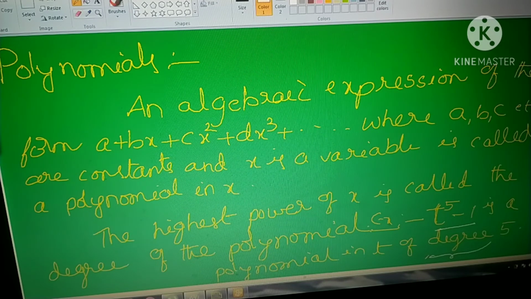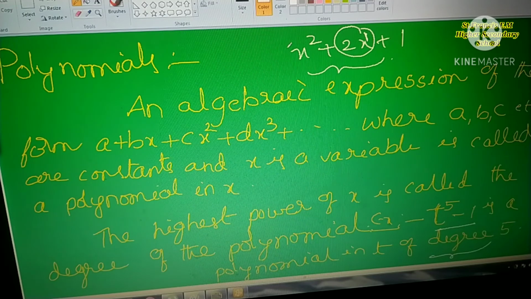So take x square plus 2x plus 1. We have x power 2 here, and 1 here. The degree of this expression will be 2, because this is the highest power of x.